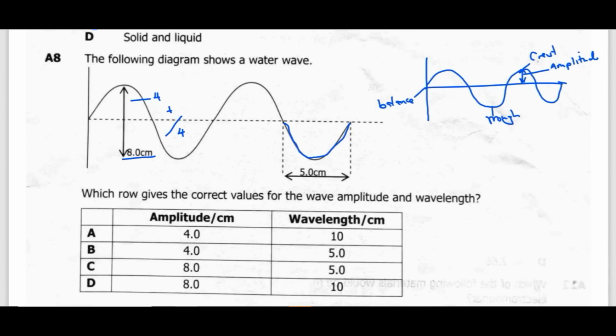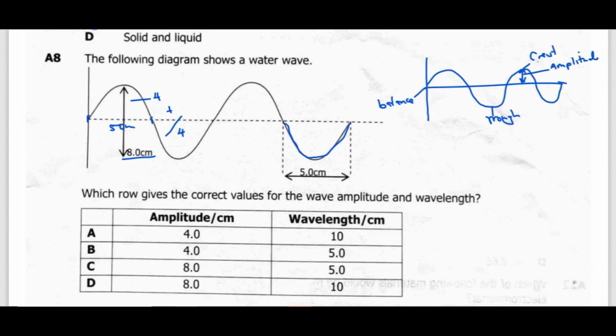And then what else? The other thing, the wavelength. For us to have a complete wavelength, from here to here it is 5 centimeters.